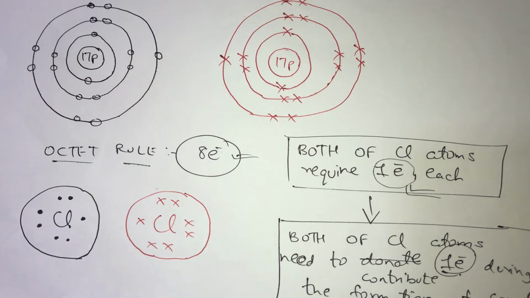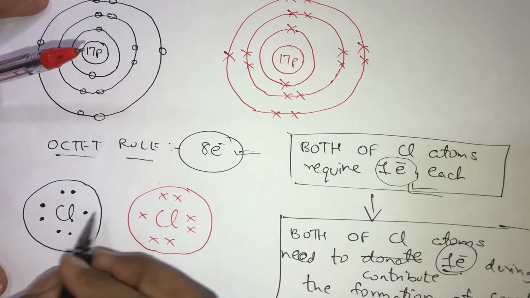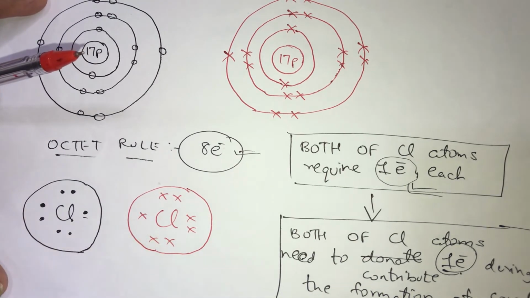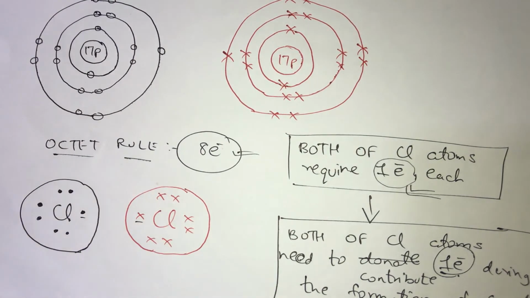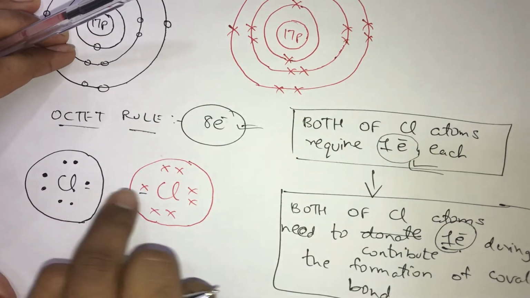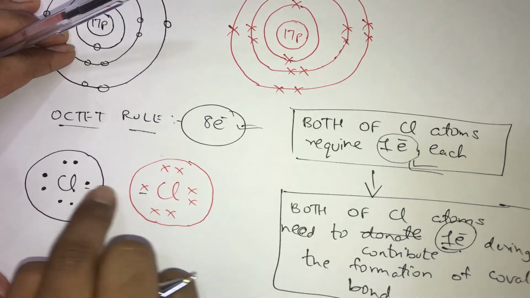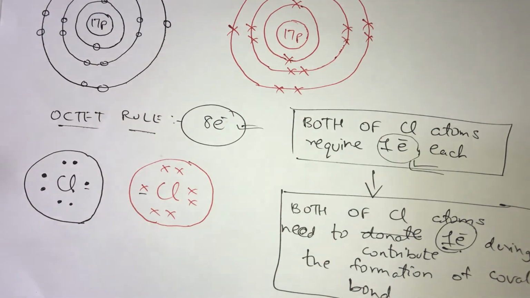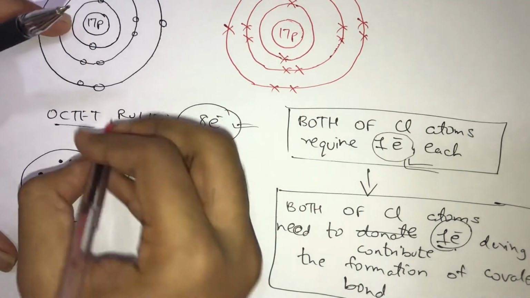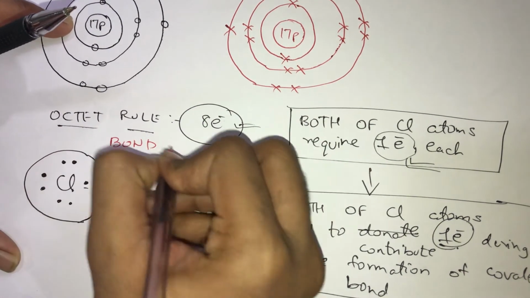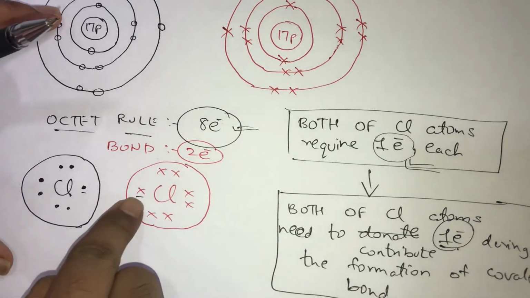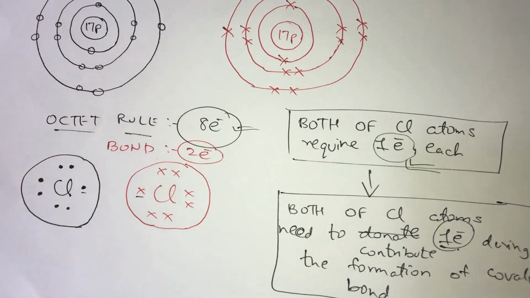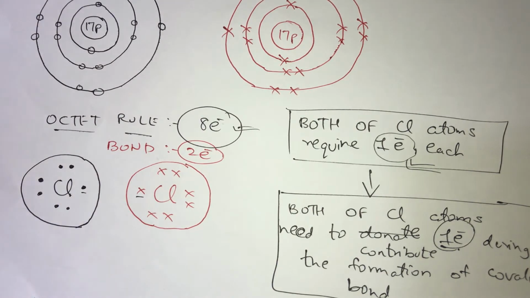Okay, now let's say that this chlorine atom contributes this electron and this chlorine atom contributes this electron, and now with the help of these 2 electrons they are going to form a bond. As we know, to form a bond we require two electrons. Okay, so with the help of these two electrons, they are both going to form one bond.